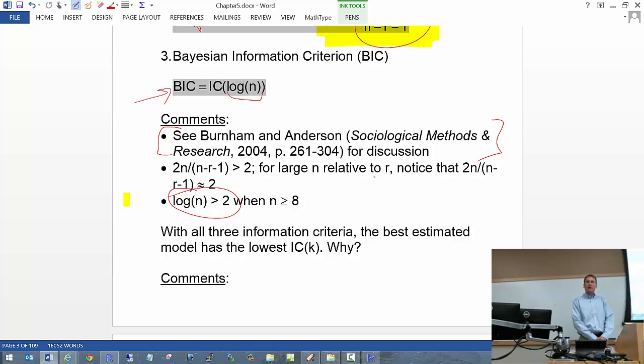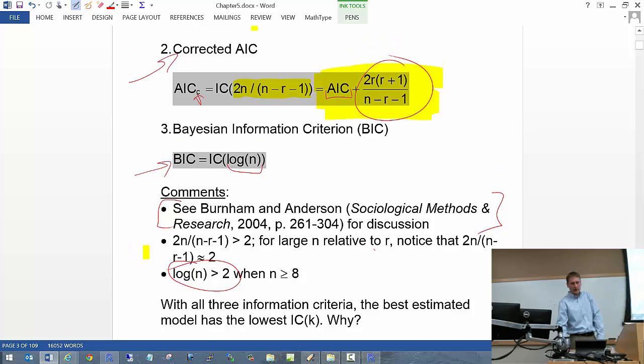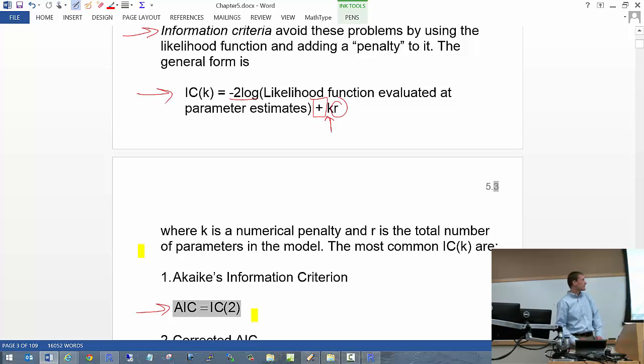So again, the smaller an information criteria is, the better the model. Take a look at the expression. Where does the penalty come in? So the penalty is K. r is the number of parameters. So what's going to happen with the BIC in comparison to the AIC?